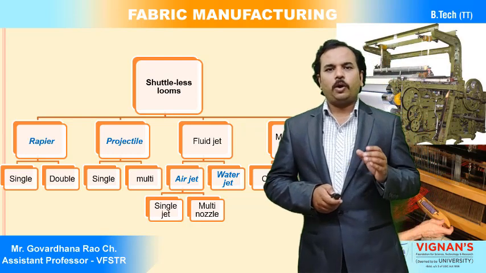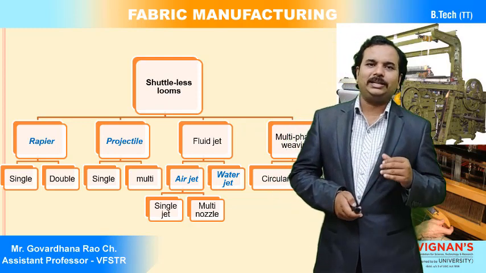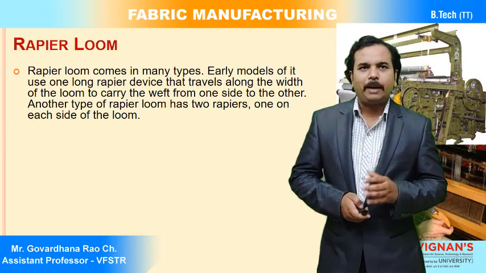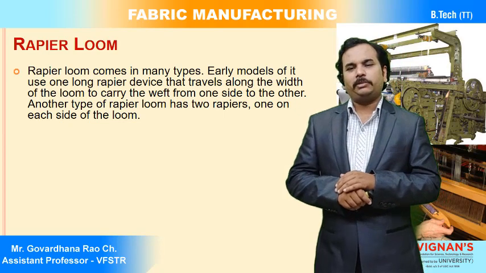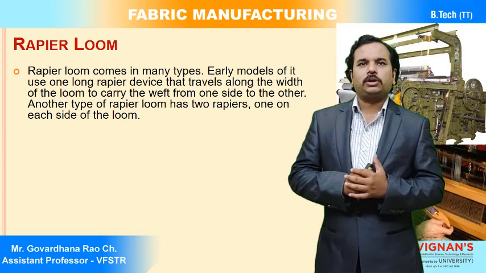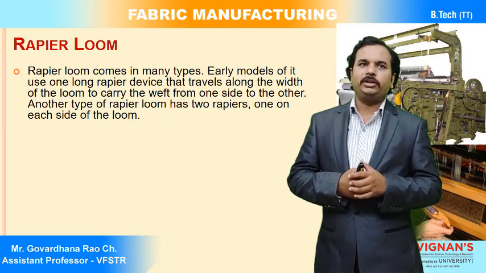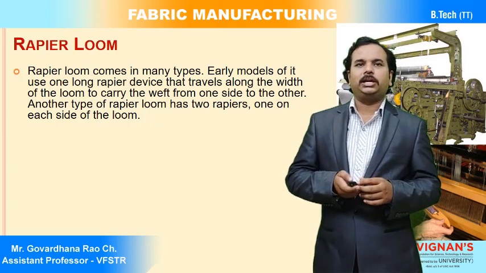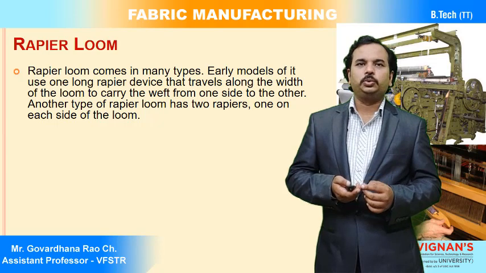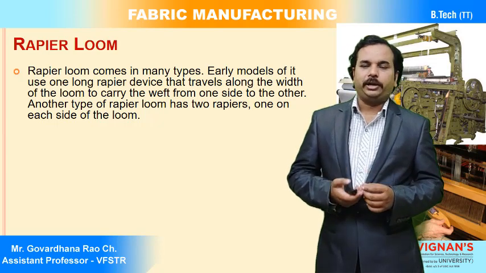Now we will look at what exactly rapier weaving is. Rapier loom comes in many types. Early models have long rapier devices that travel along the width of the loom to carry the weft from one side to the other side.